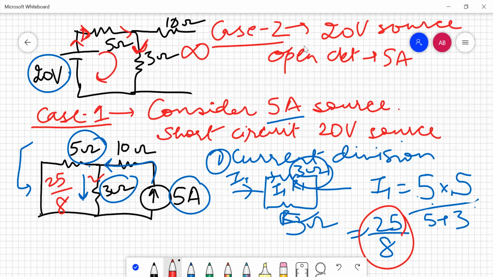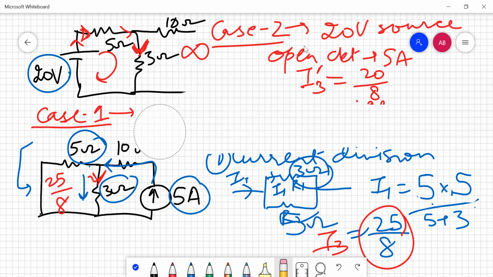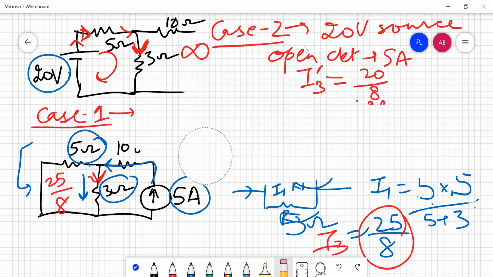So let's say that this is I3 dash and this is I3 that we have taken. So I3 dash will be equal to 20 divided by 8. So because both the currents are in the downward direction, according to the polarity, both of the currents will get added up in our 3 ohm branch.